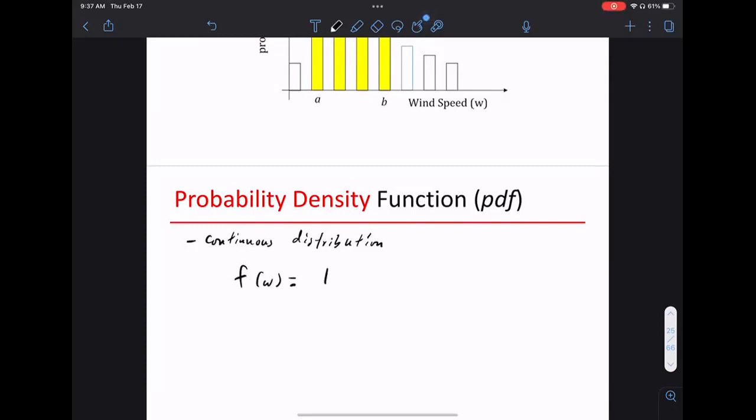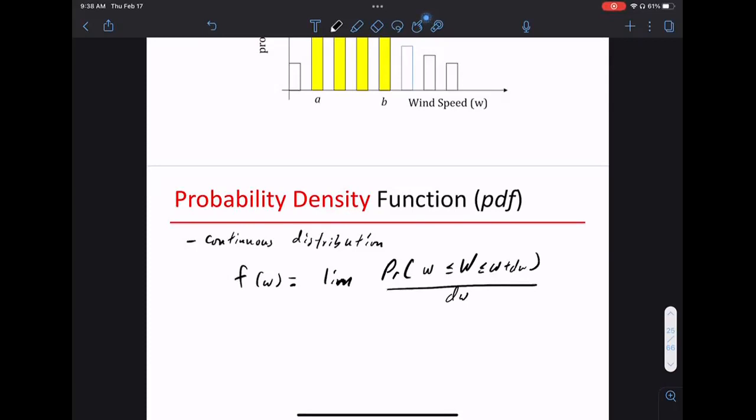This has the interpretation that you take a limit. So what do we take a limit of? We start looking at the probability of the following region. We look at some wind speed. I have some random variable w, this wind speed.